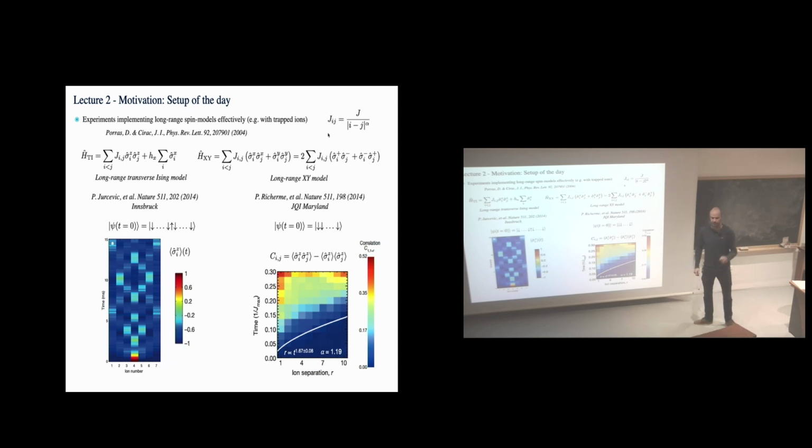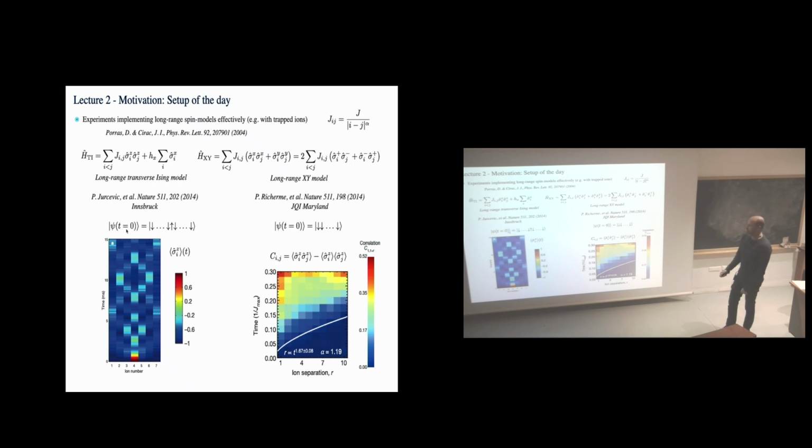In this type of setup, they could analyze the difference in the physics when you change alpha somewhere around the dimension of the system. You can go from short-range physics when you take alpha equals 3, where the interactions decay quickly, to something smaller than 1. Here is an example calculation. What experimentalists did was fun stuff.